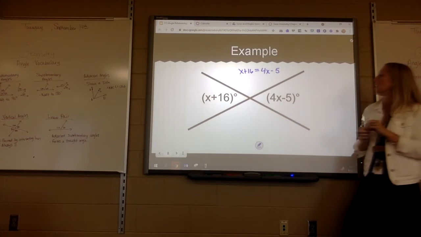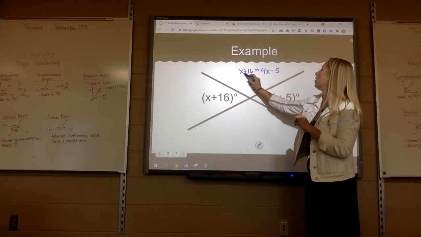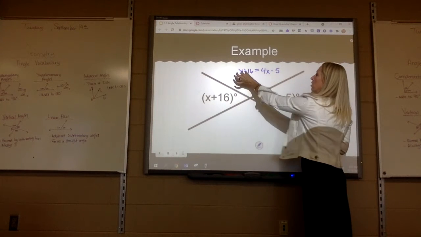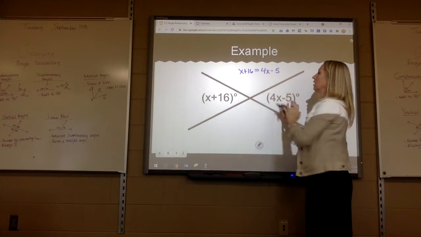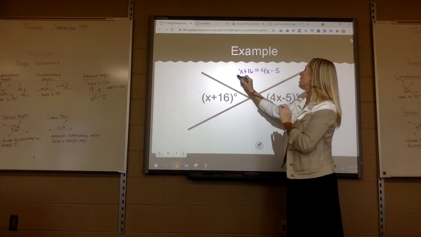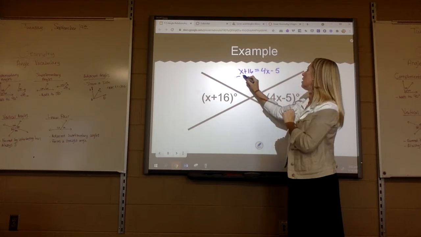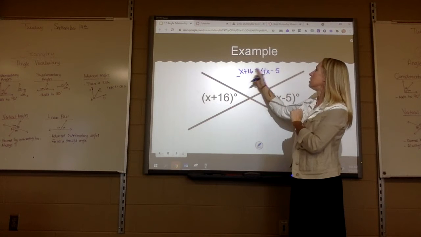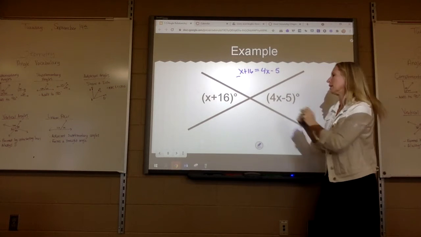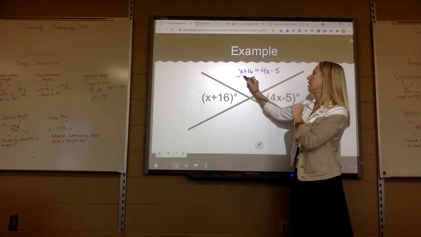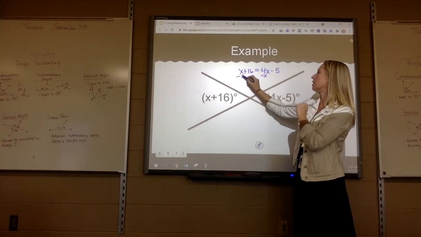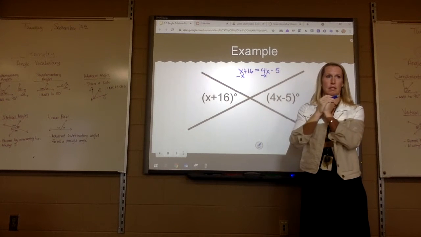What would you do? So we have to combine them, but if we go across the equals, we would do x plus 16 equals 4x minus 5, because they're vertical and these two equal each other. So now I need to combine my like terms, so I'm going to subtract x on both sides.